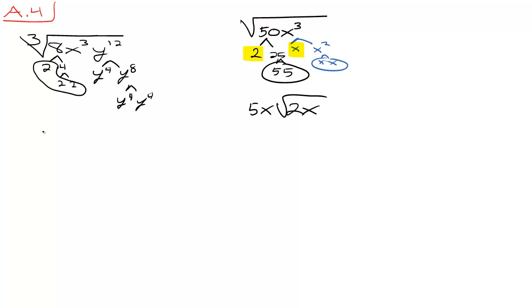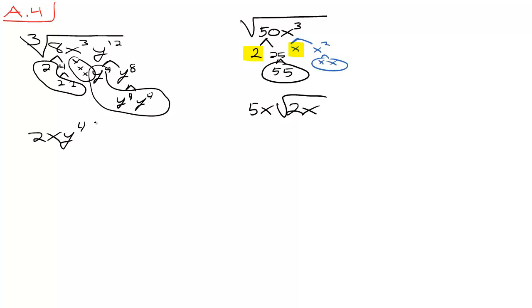All you're left with is 2, one of the 2's, the x, because there were 3 x's, x, x, and x, when we found that perfect triple, and then y to the 4th, and everything else is gone. So this was a perfect example of a perfect cube.